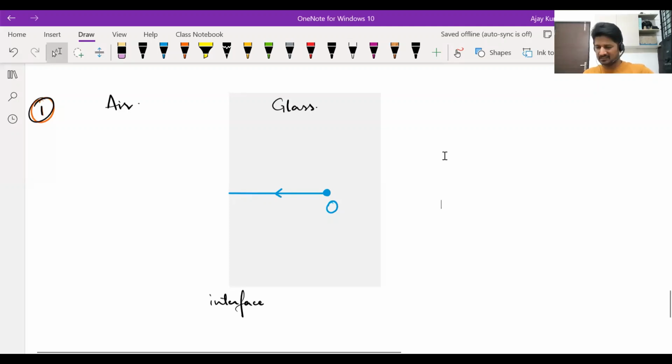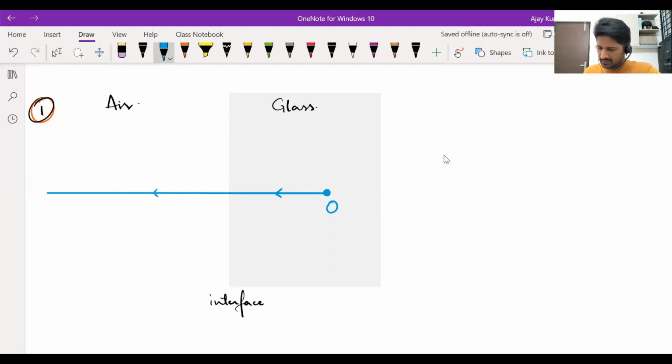It is incident along the normal. Angle of incidence is 0. And if i is 0, according to Snell's law, mu1 sin i is equal to mu2 sin r, r will also be 0. So it will continue traveling along the normal itself. So it will enter into air in this direction. That is one of the refracted rays from the object, initially traveling through glass, then through air.